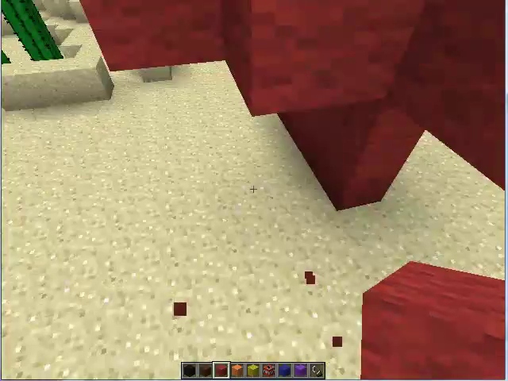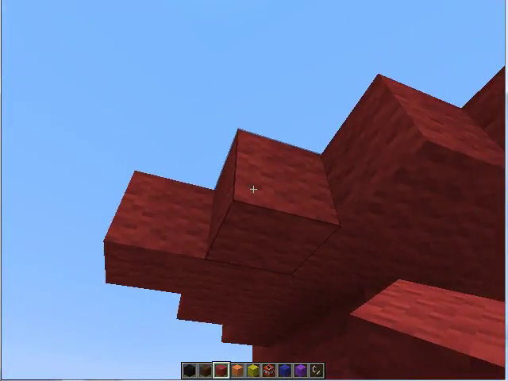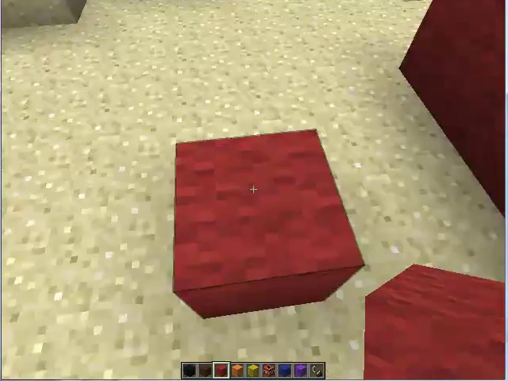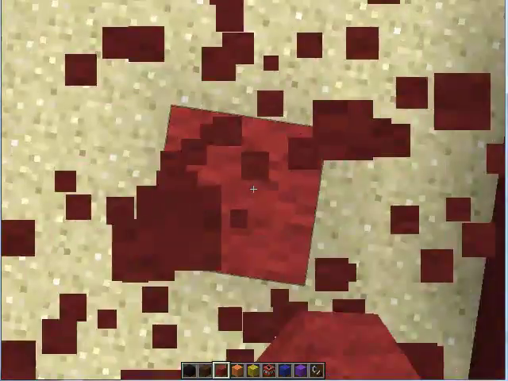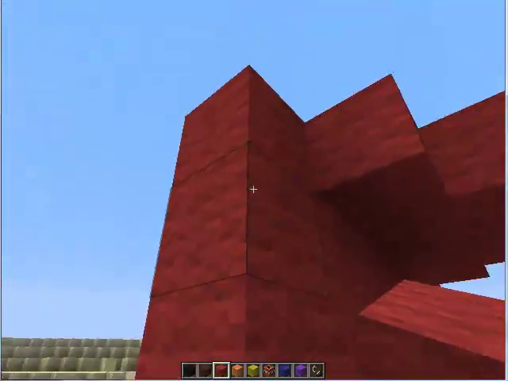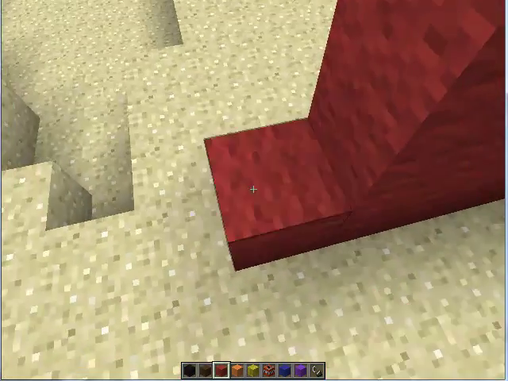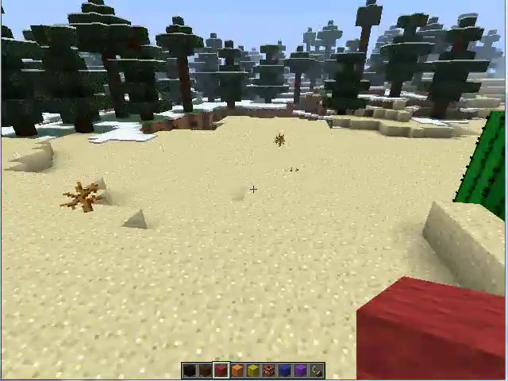So let's do that part. Well, it would be easier to do it here probably. 1, 2, 3.